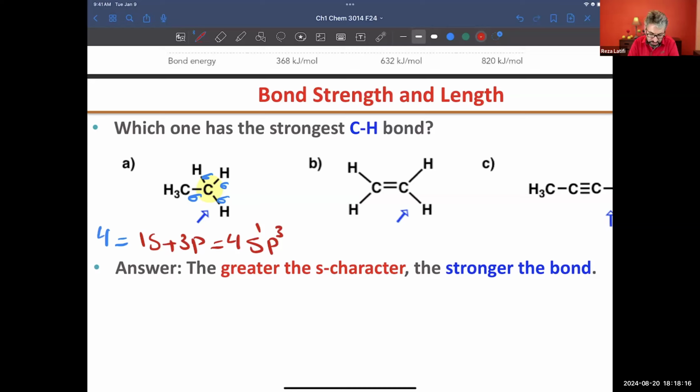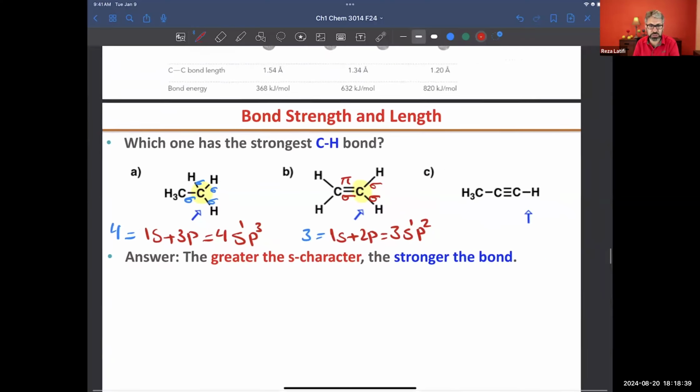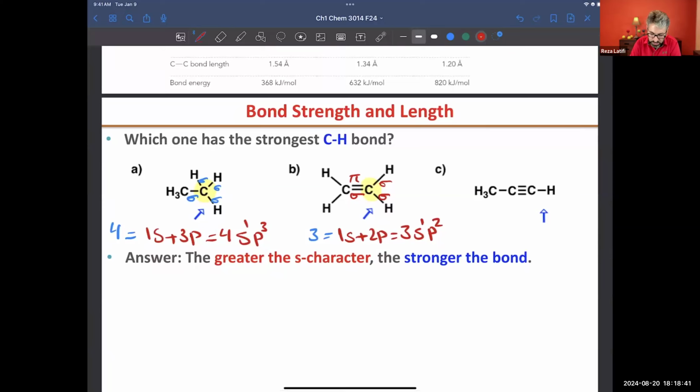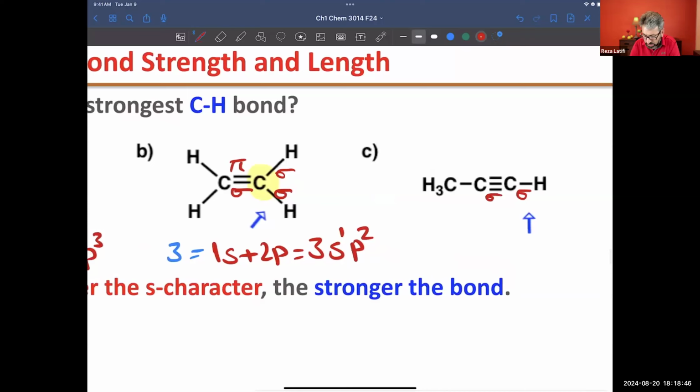How about here? This carbon is surrounded by 1, 2, 3 sigma, and the last one will be a pi bond. We don't care about the pi bond, so I have 3 sigma. I need to use 1 from S and 2 from P. That's going to give me 3 orbitals of S1 and P2. So the hybridization is sp2. And the last one: we have a sigma here, a sigma there, and another sigma, and then 2 pi bonds.